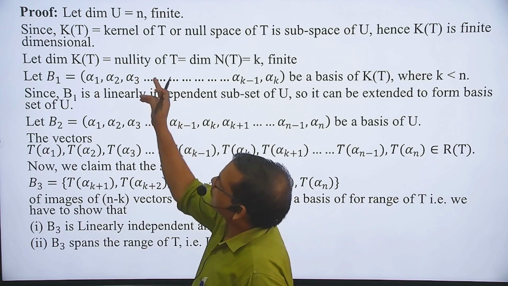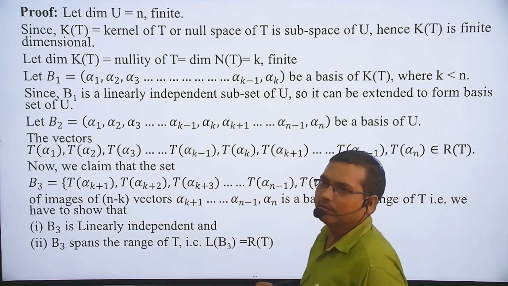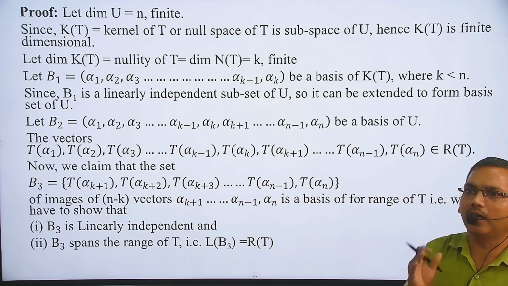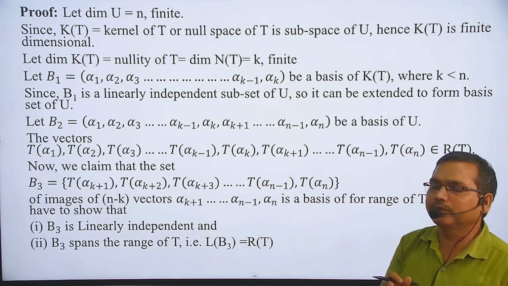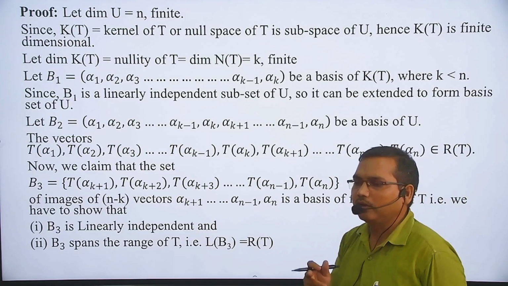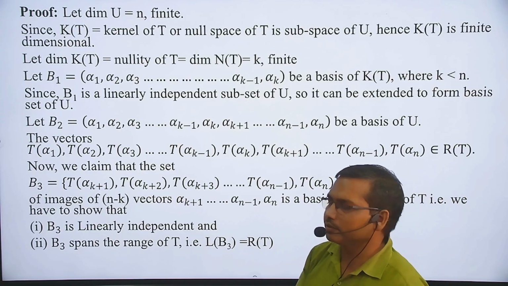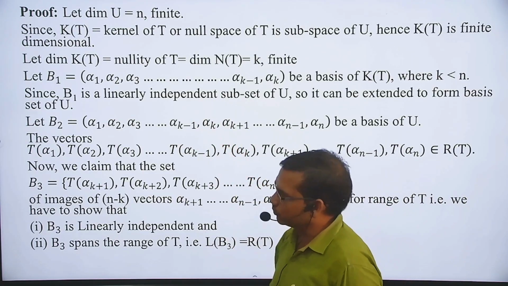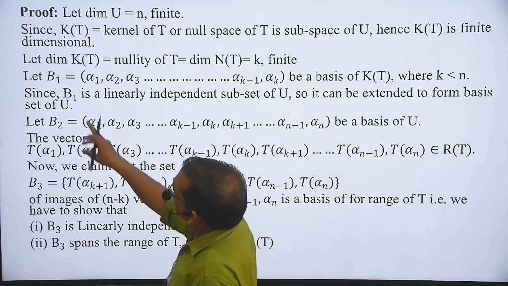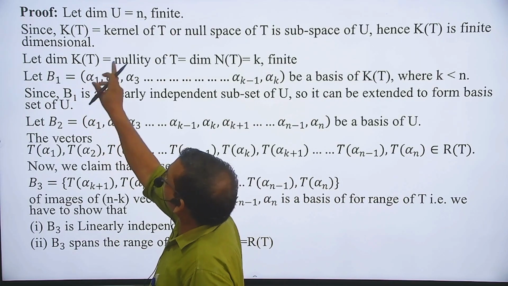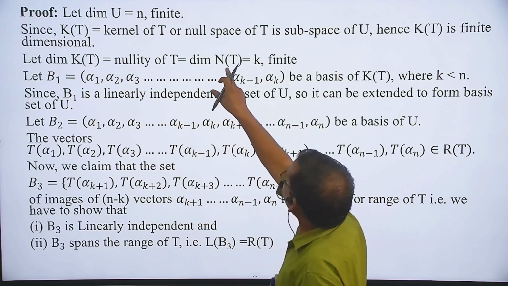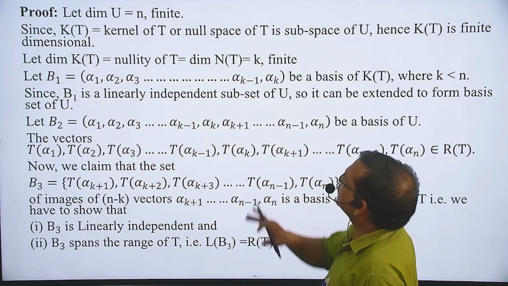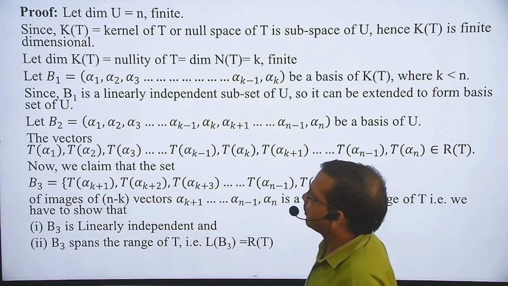If U is finite dimensional, then the kernel or null space is also finite dimensional, because the null space is a subspace of U. Let the dimension of the kernel of T, the nullity, be equal to k, where k is finite.